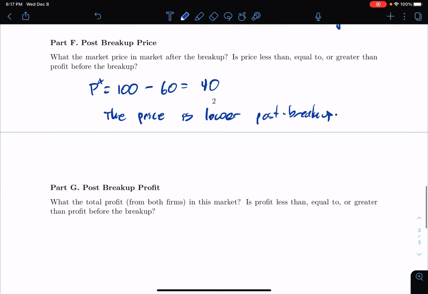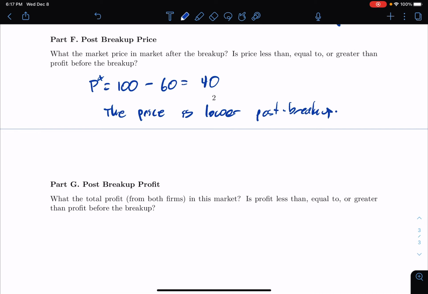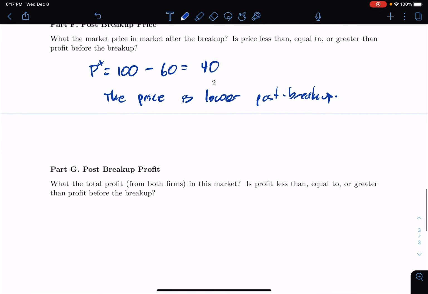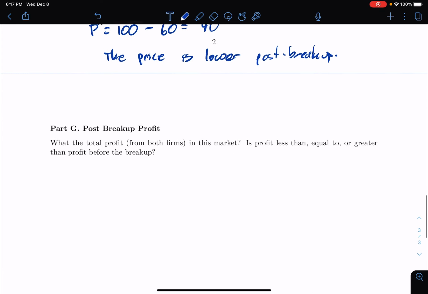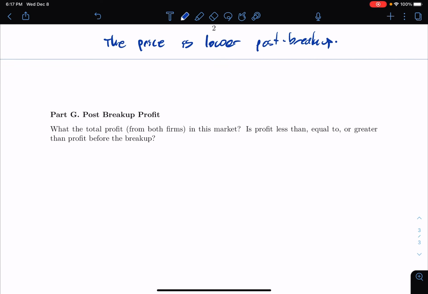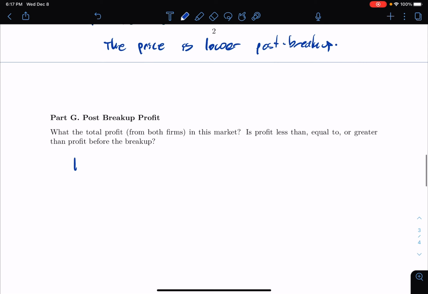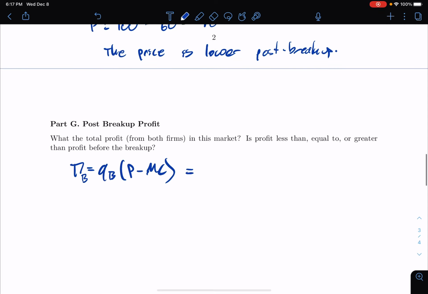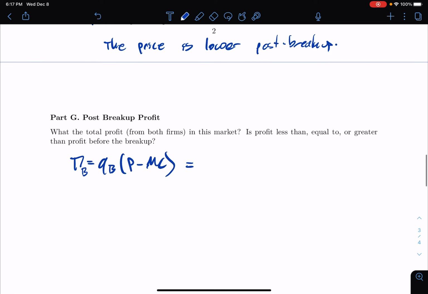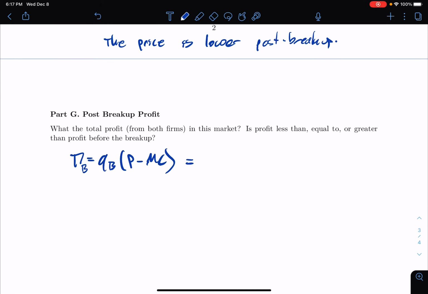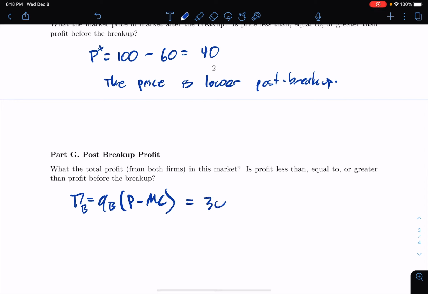And the last thing to do is find the total profit. So we want to find the profit for both firms and add them together and then compare. So let's just do this for one firm and then multiply by 2. So we have the profit for B, which is QB times the price minus marginal cost. So the quantity here for a single firm is 30.